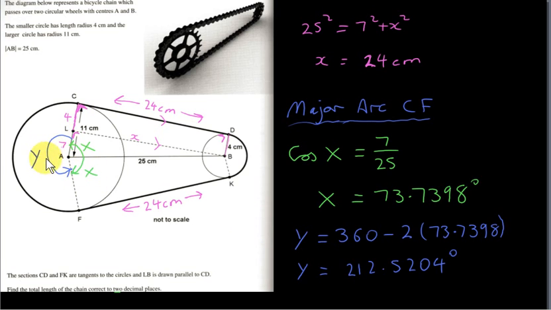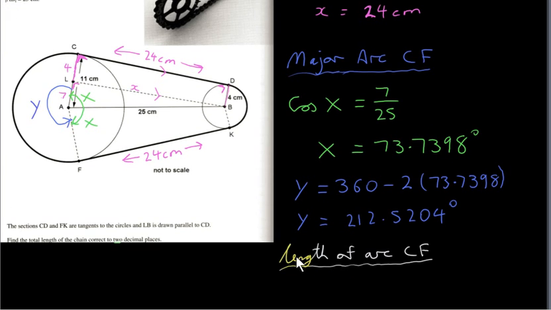Now to find this angle here, which I'm calling Y, what we do is we multiply X by 2 to get all of this angle here, and we take that result from 360 degrees, which is the angle in a full circle, and I get 212.5204 degrees. Now to get the length of arc CF, by arc I mean the major arc, I put this angle Y, which is 212.5204, over 360.